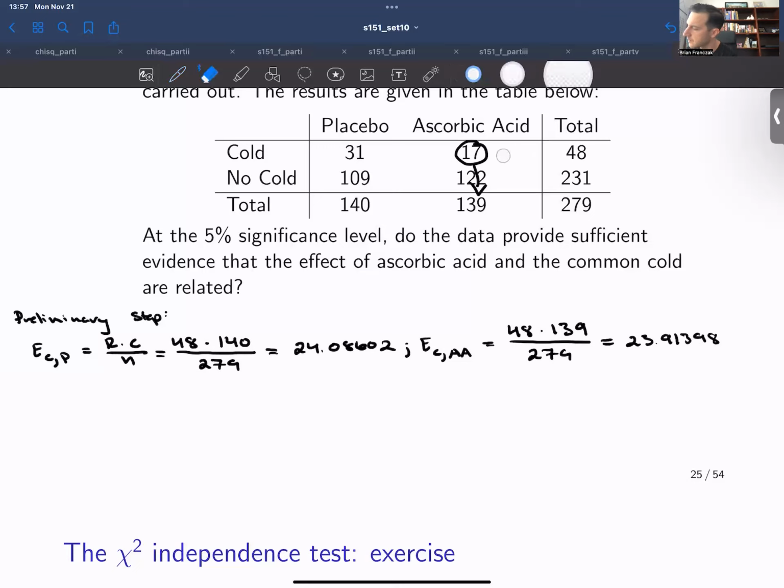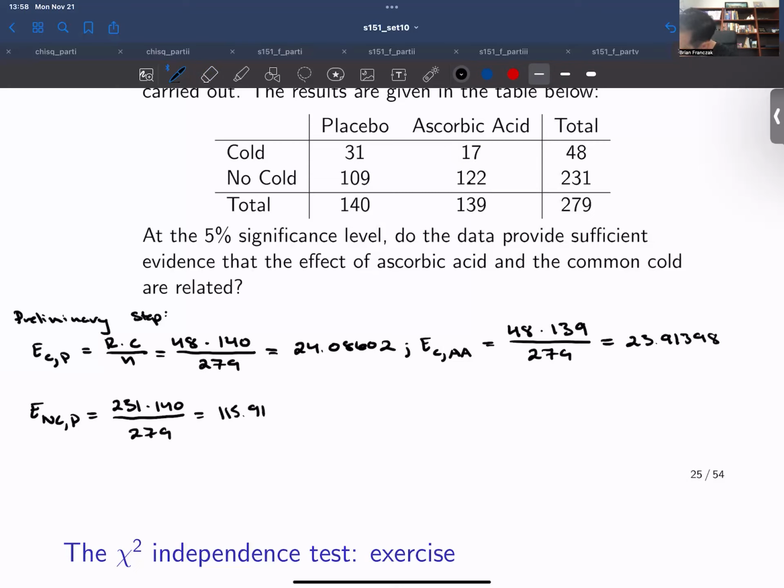All right, so now I need to get the expected value of not having a cold and taking a placebo. So now my row total is 231 multiplied by my column total, which is 140, divided by my sample size again, which is 115.91398.